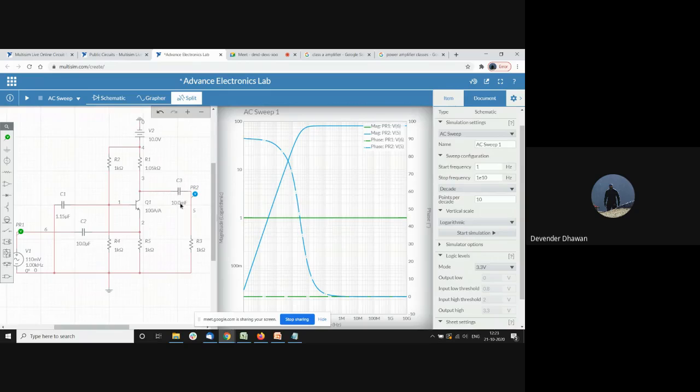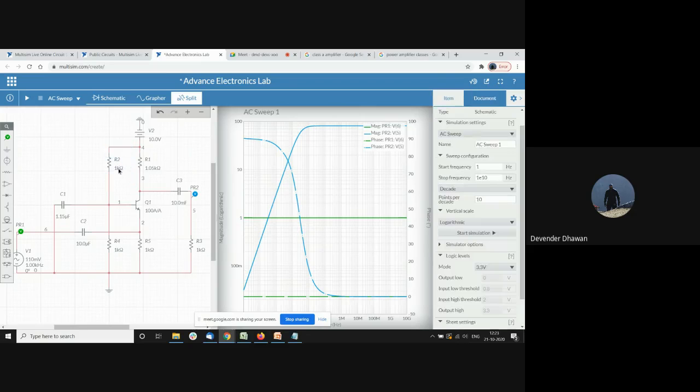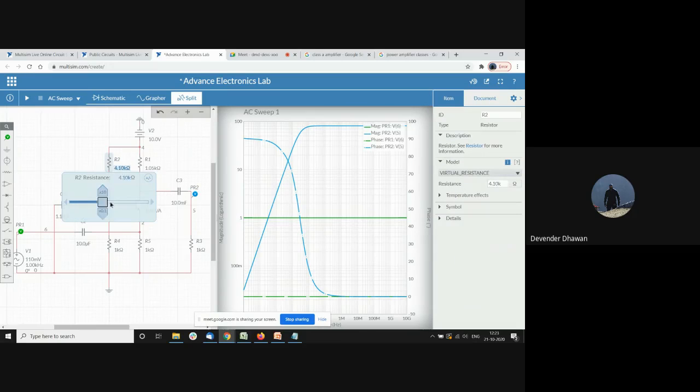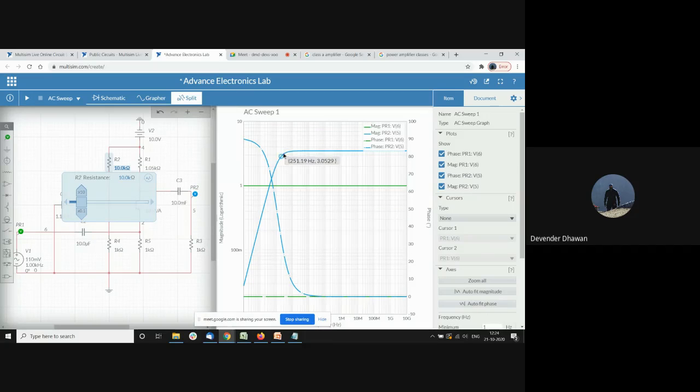Okay, and what all we can try to change. Let's say try to change some resistance. So from 1k, let me make it 10k and run it. You see the gain has decreased. Earlier it was going up till this point, and now it is coming at this point.